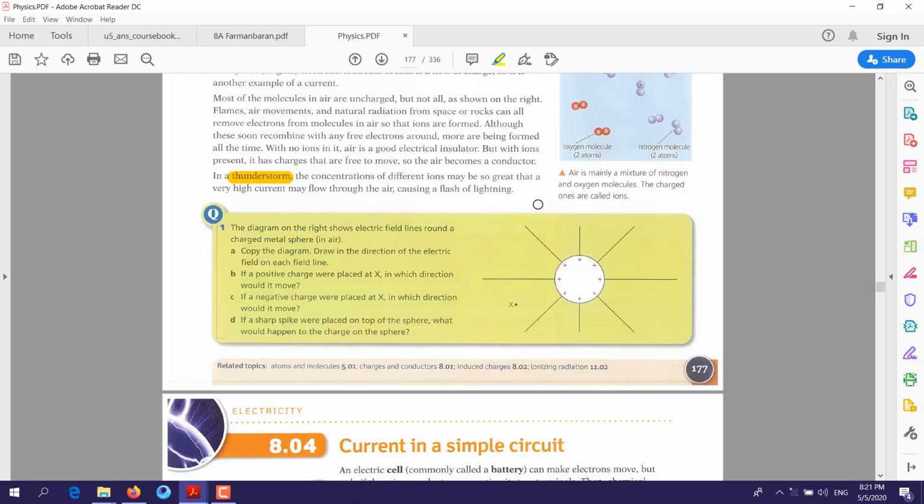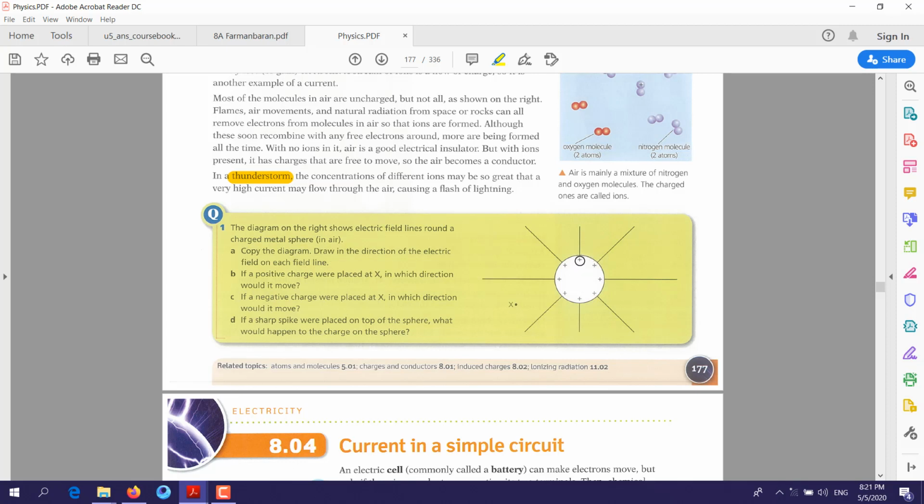Questions. Question number 1. The diagram on the right shows electric field lines around a charged metal sphere in air. Okay, you have this sphere, and as you can see here, you have positive charges. A, it says copy the diagram and draw the direction of the electric field on each field line.